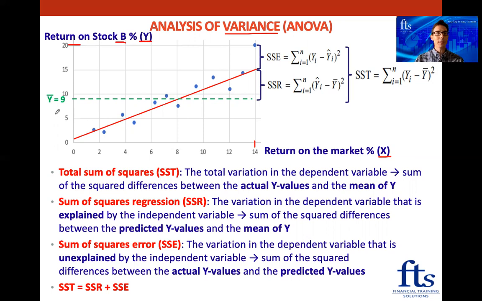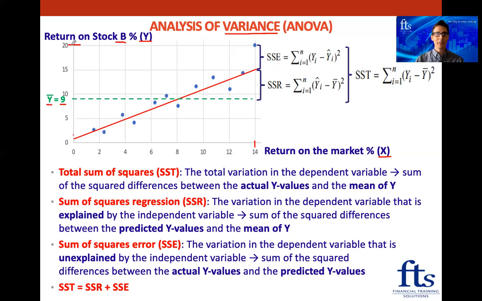And I just want us to have a look at this over here, Y bar. So what is Y bar? We know what it is. It is the mean of Y. So this is the mean return on stock B, and we can see over here that the mean return is 9%. So we had some very bad years for stock B. This year was the worst, it looked like it did about 2% there.